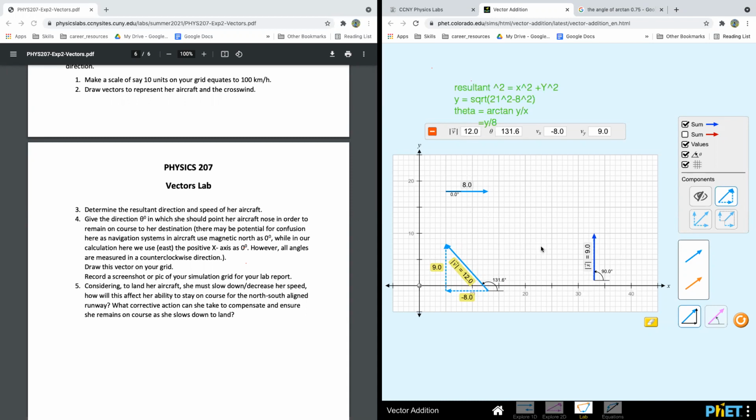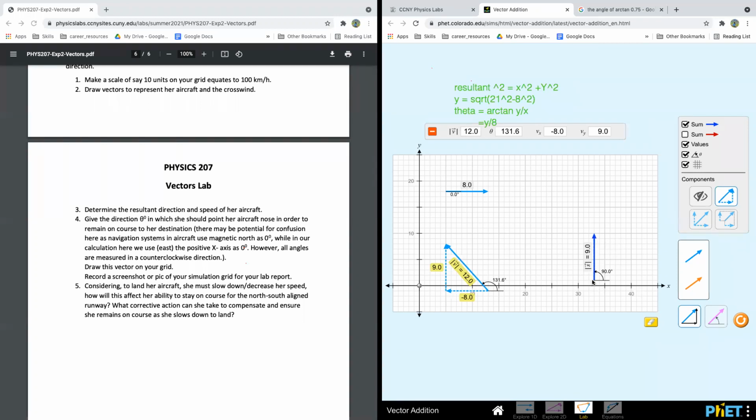How do we know how slow we want her to go? Or is this what we're guessing? So basically for this one, you can answer how this affects her ability: she will fly a little bit towards east. Like, if she's heading forward, the wind is going to make her go east.